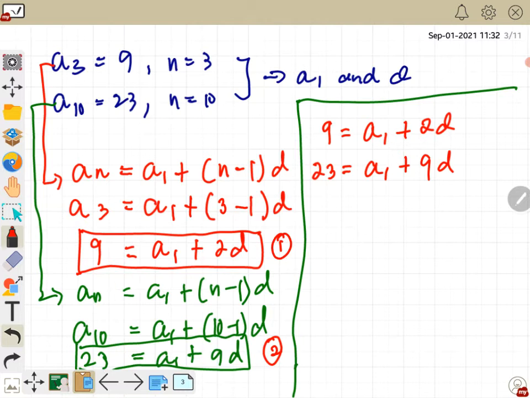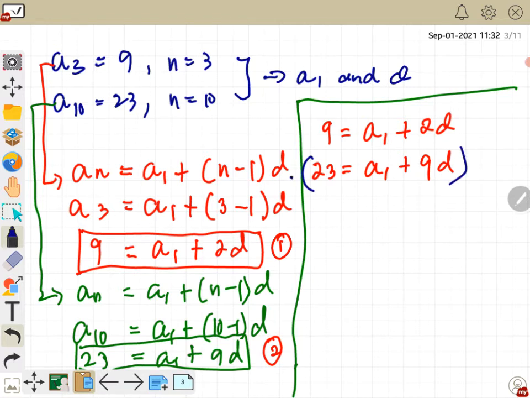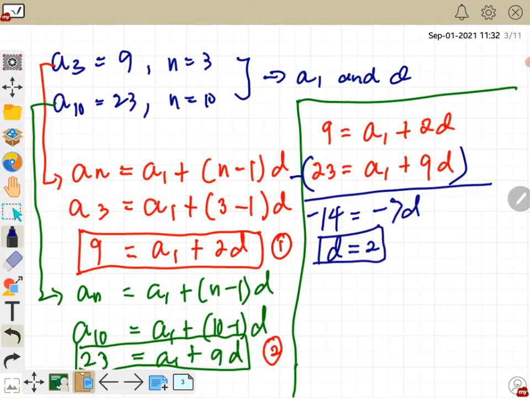Okay, so in this case, as you can see, a sub 1 can be eliminated by subtraction. So let's simply subtract. 9 minus 23 is negative 14. A sub 1 minus a sub 1 is 0. 2d minus 9d is negative 7d. So this gives us d equals positive 2. We have now our value of d, the common difference, which is 2.